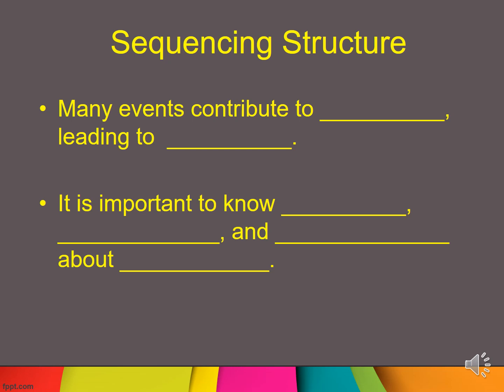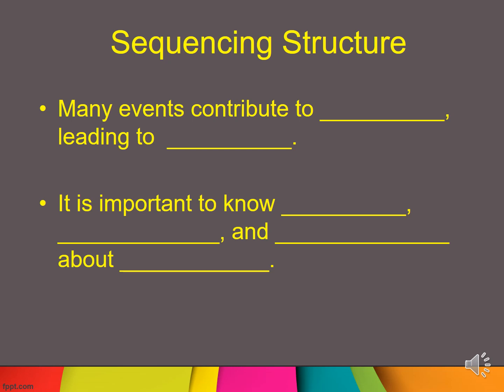If the central idea is sequencing, then the sentence stems on this slide will naturally fit within their piece. Many events contribute to blank leading to blank, or it is important to know blank, blank, and blank about blank. Notice the specific word choice in these stems that indicate sequencing to the reader. Events contribute to and leading to.